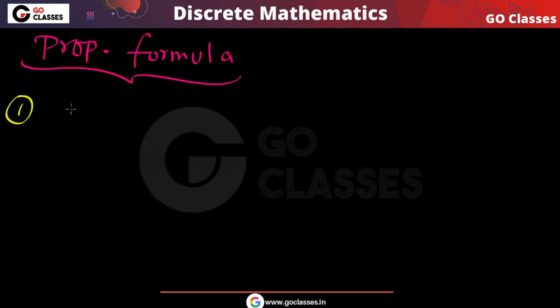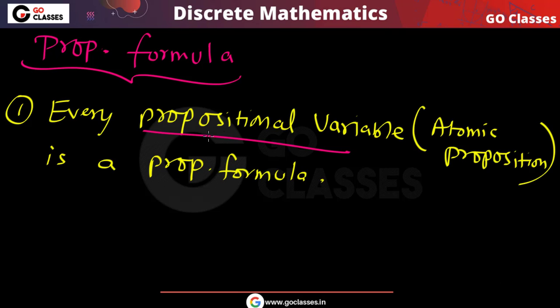So every propositional variable is a propositional formula, because atomic propositions are represented using propositional variables, and propositional variables represent atomic propositions. For example, if P is a propositional variable, then it is also a propositional formula, and so are these.